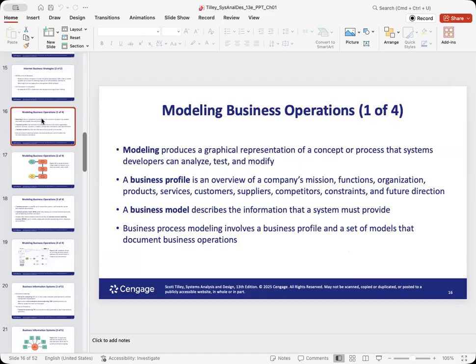You will have to represent your system. Since you have not really developed that system, you have to represent it with a graphical process or method that will be easily seen, identified, and also understood by even a layman. That is what modeling does. So let's say you want to develop a website.